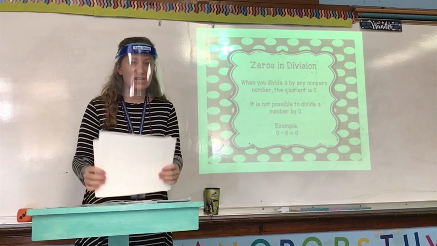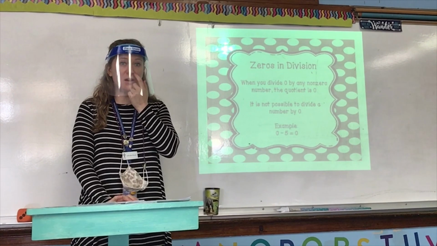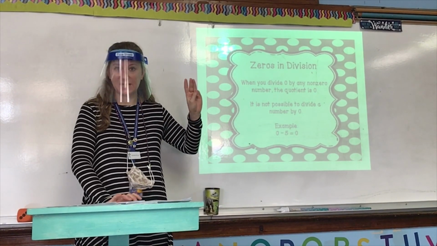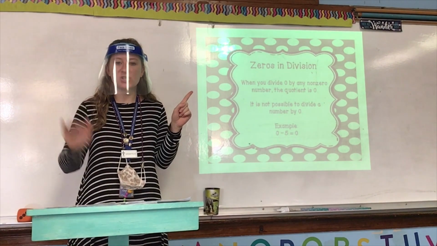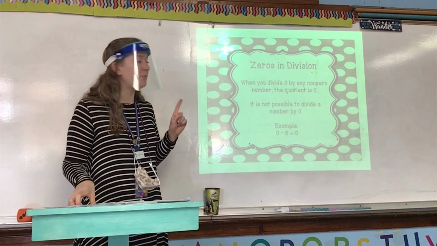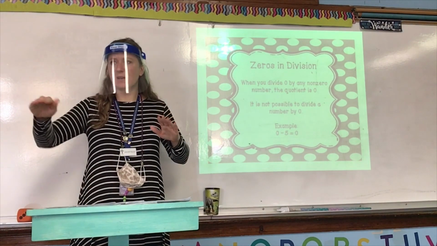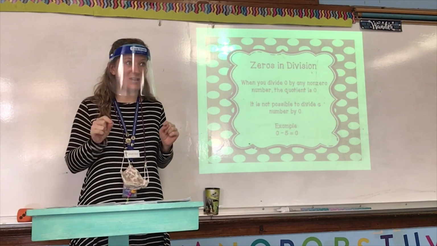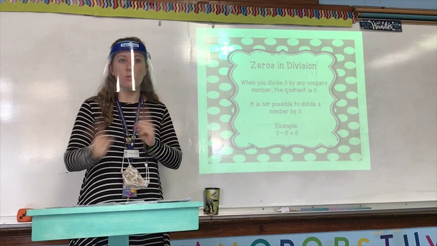On our next page, we are past the multiplication properties. There are more, but we're only going to learn about 3 today. The commutative property of multiplication is just like the commutative property of addition, where it doesn't matter the order of the factors.